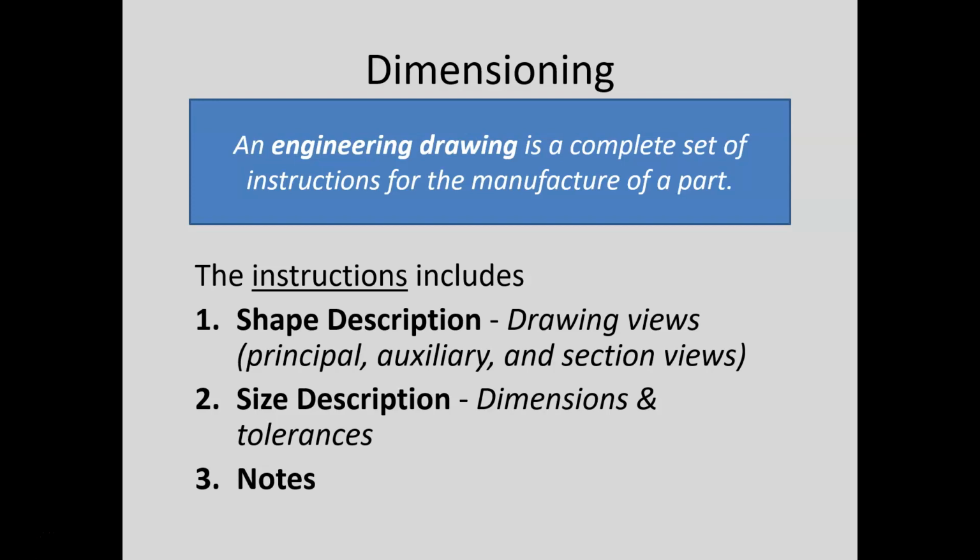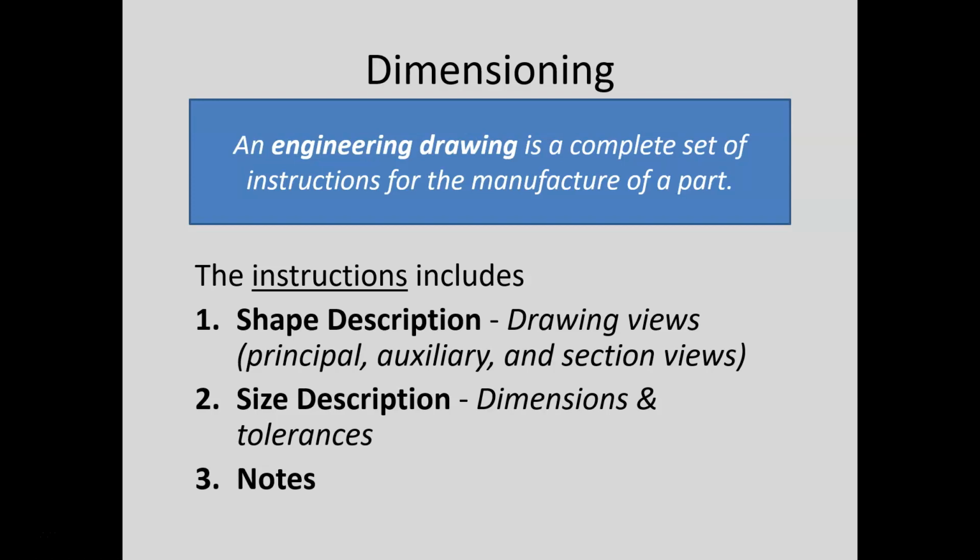But then after the shape description, we need to describe the size. So just describing the shape isn't good enough because we don't know how long something is, how thick it is, what the diameter is, how deep it is. So that's where size description comes into play, and that's where dimensions are used.